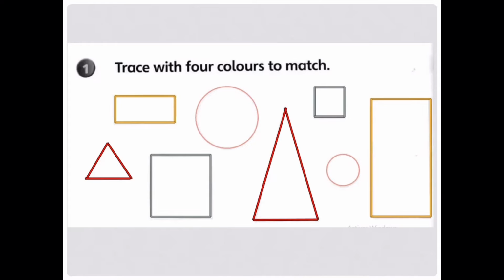So look, the triangles are traced with red. Squares are traced with blue. And circles are traced in pink. Rectangles are traced in yellow.